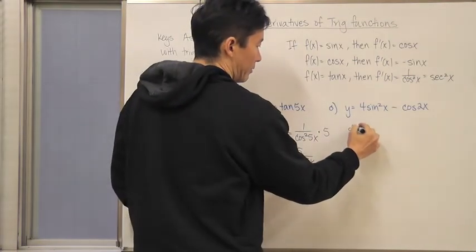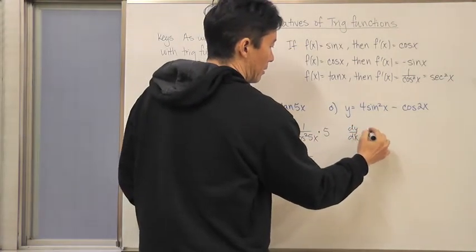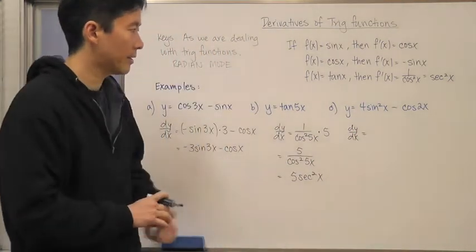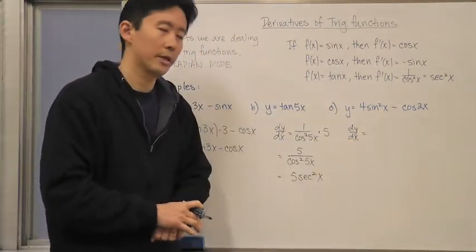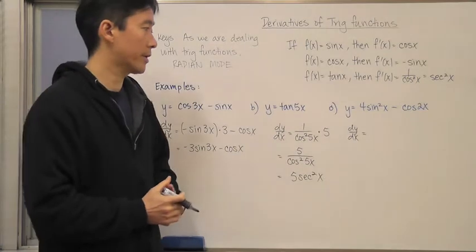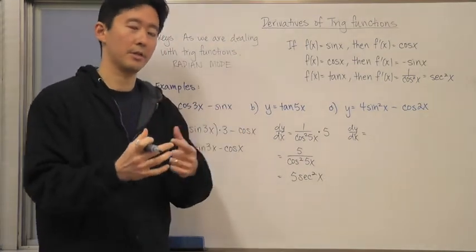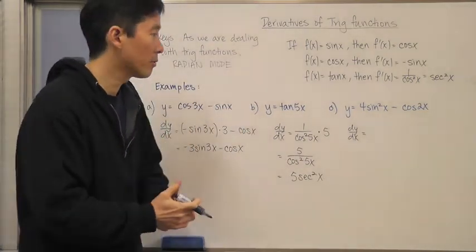If we wanted to find the derivative of this one here, notice that in this case this is actually going to be 4 sine squared of x. Now sine squared of x means, of course, that you're taking the sine of x and you're squaring it, so we have to use the power rule.